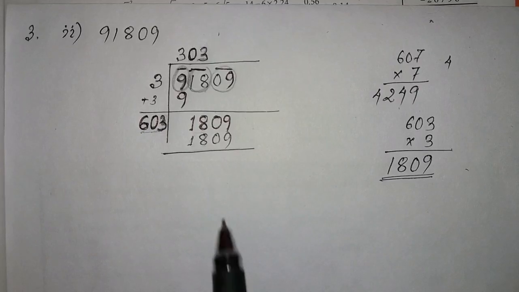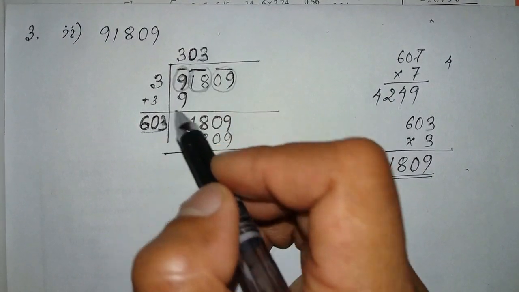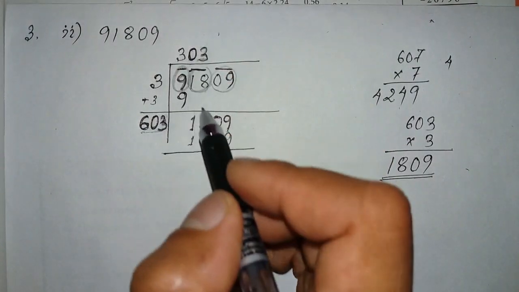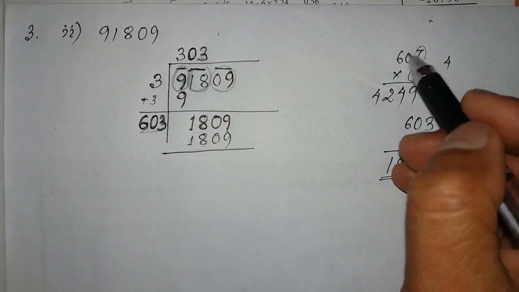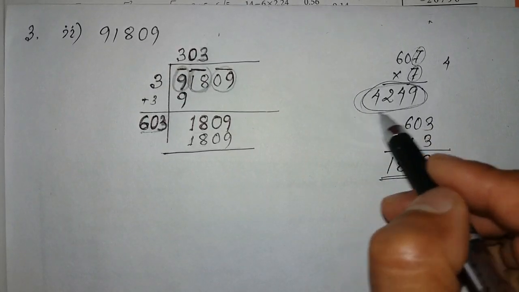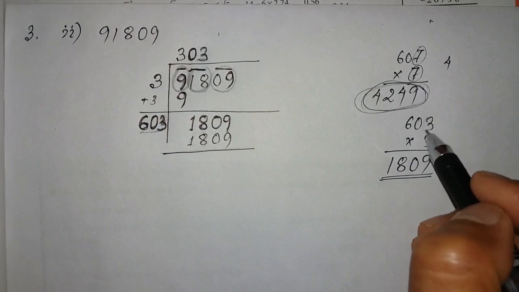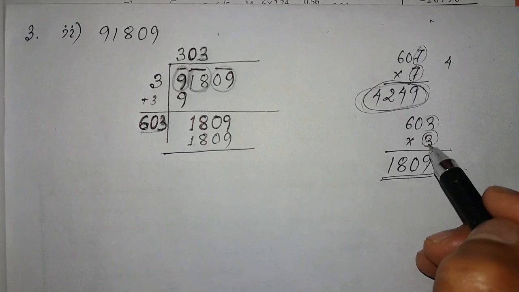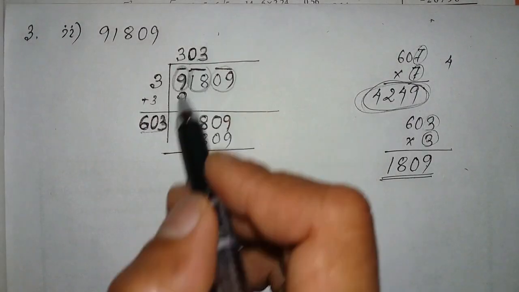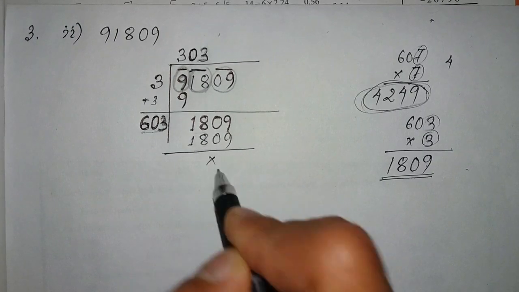So you will try with different numbers here until and unless you get the right number. So first we tried with 7, but 7 is found to be very big, much bigger than 1809. So we tried with 3, because we know that 3 3s are 9, so we will be getting 9 here if we write 3. So 603 into 3 is 1809, which is the right number.